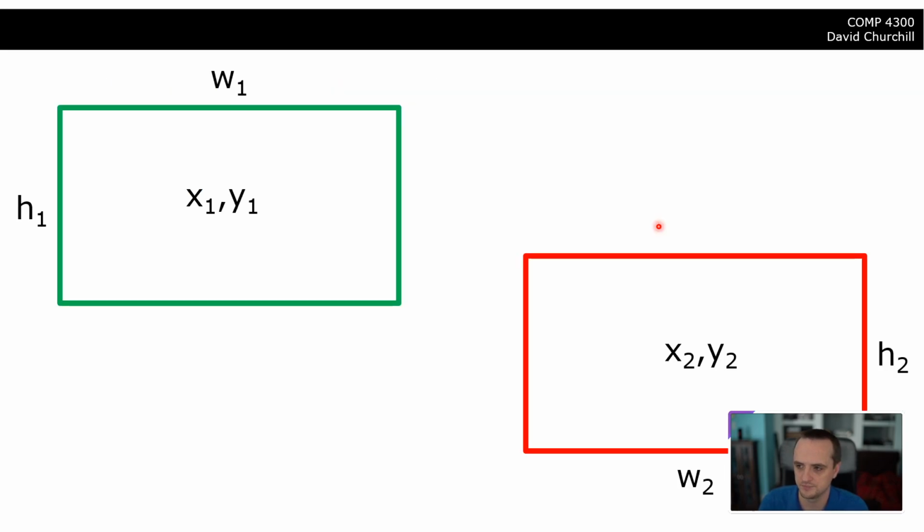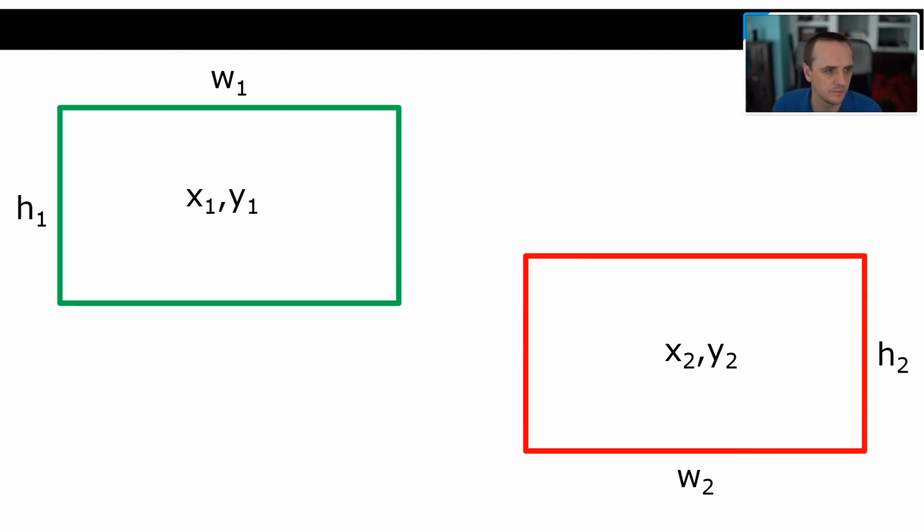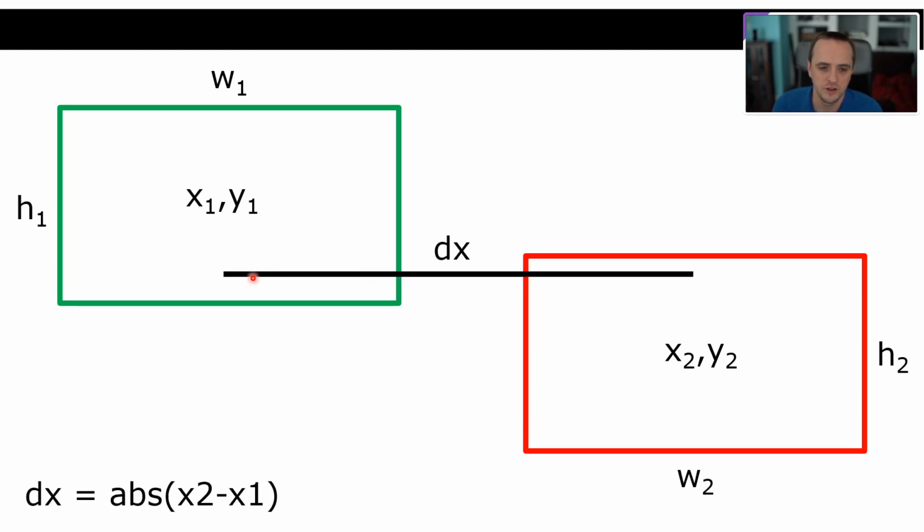Okie dokie. So let's see now if we can tell how 2 axis-aligned bounding boxes are overlapping when we have this centered representation, and not only if they're overlapping, but by how much. First thing we're going to do is compute the difference in the X value between the positions of the 2 entities.